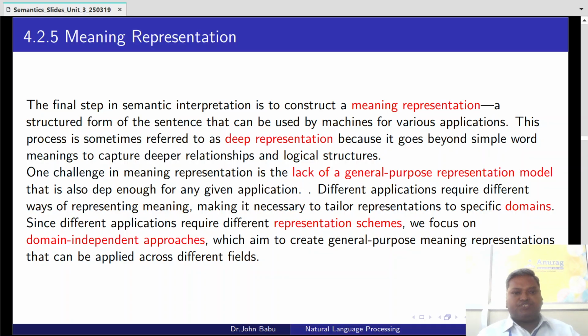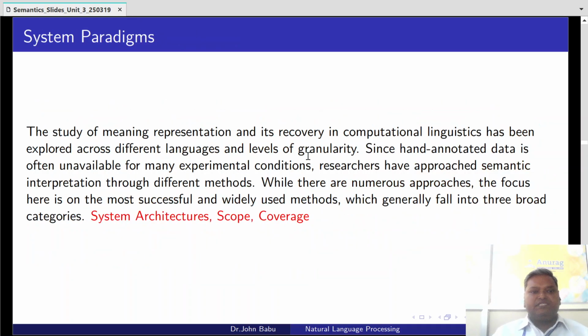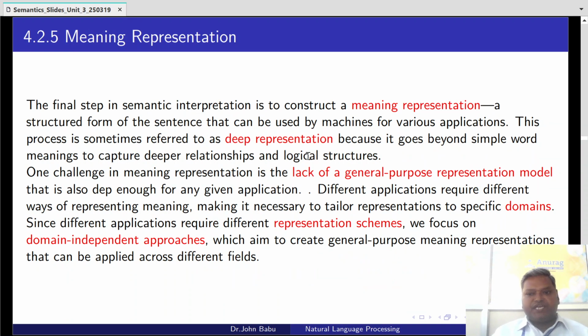Deep representation is domain specific, highly complex, with detailed, in-depth relationships, capturing deeper relations and logical structures, which we call deep semantic parsing. The second one is shallow, which is a generalized approach. So these five are the important requirements for a semantic representation.